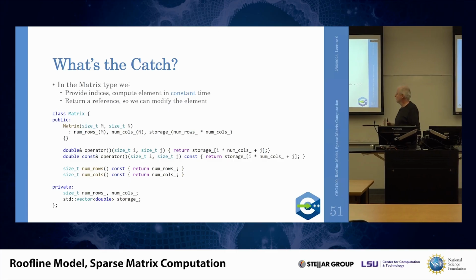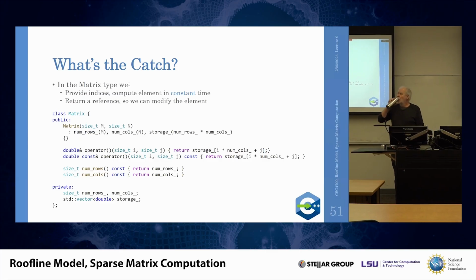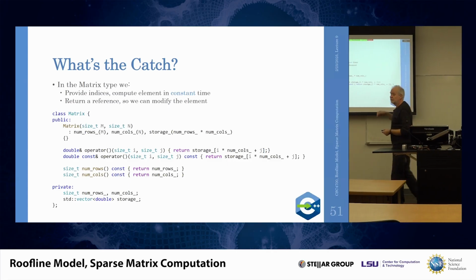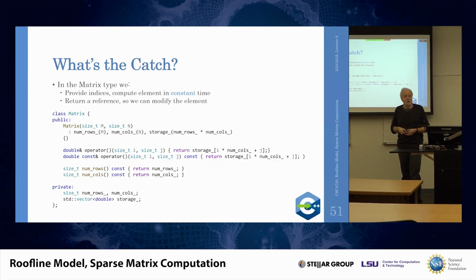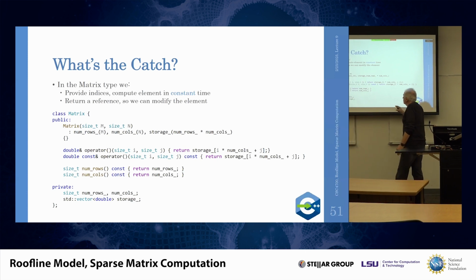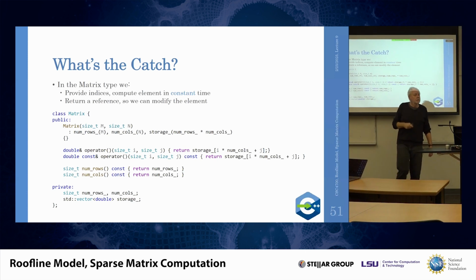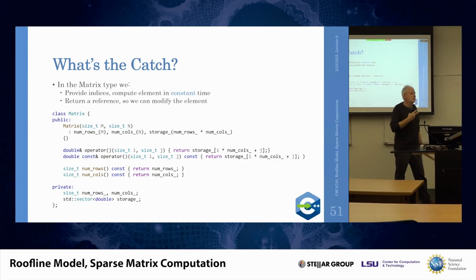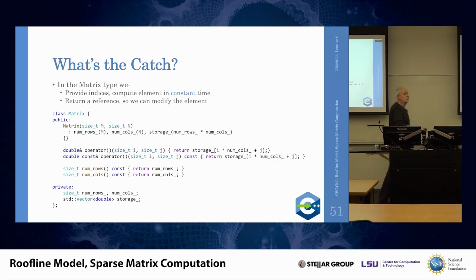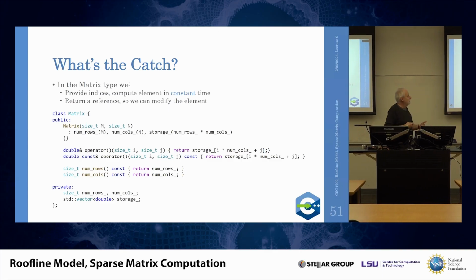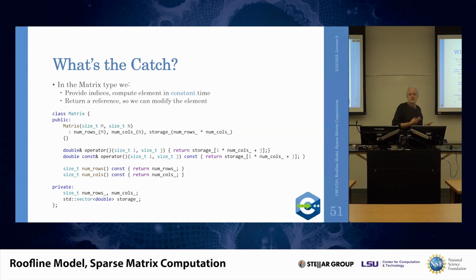There are quite some problems because we don't know how to implement all of that yet. Just as a reminder, this is the matrix class we have seen in the assignment and we have shown last time. And the nice thing here is that the matrix class has operators that take the 2 indices and give us a reference to the element these 2 indices represent. So we give it the indices, it computes the element in constant time.